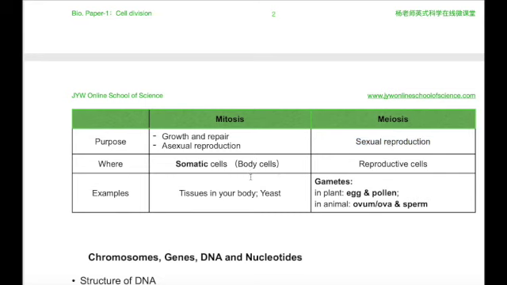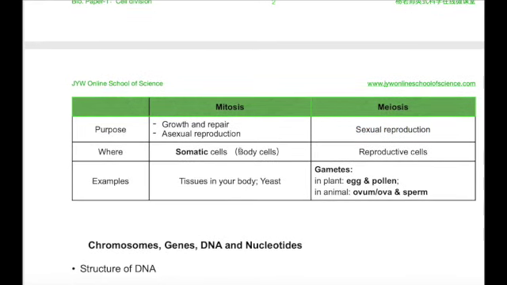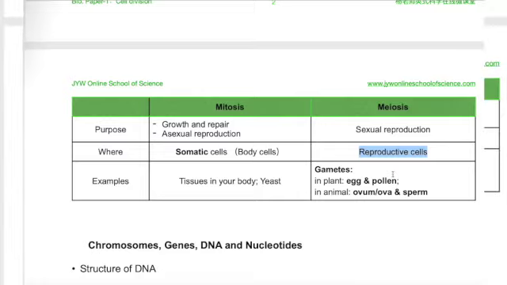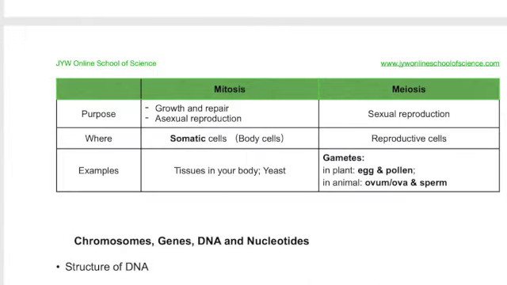So, where do they take place? Mitosis takes place in body cells. When you grow bigger in size, each of your body cells undergoes mitosis. And meiosis only happens in your sexual reproductive organs and cells. For example, mitosis takes place inside your body cells.